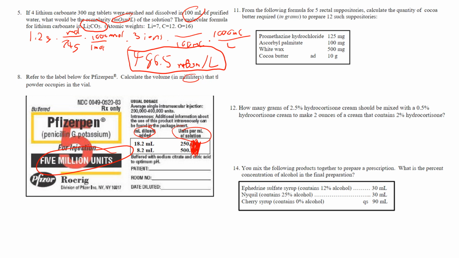So on the left side of our equation, we're going to have 250 units per milliliter times 18.2 milliliters.